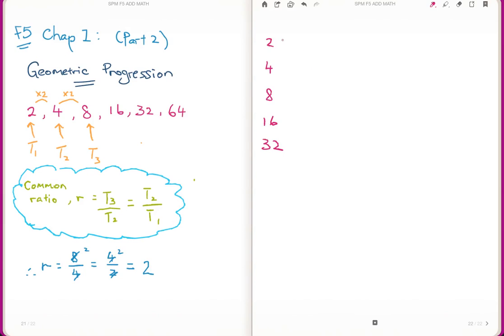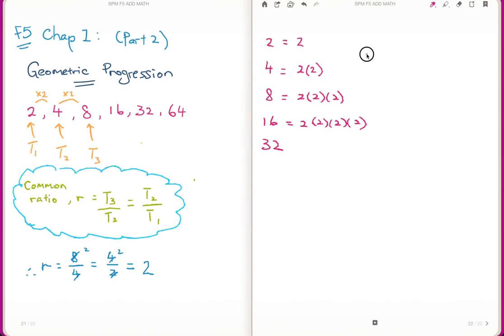The first number, you can't do much about it. The second number is 4, which is equal to 2 times 2. This one is 2 times 2 times 2. This one is 2 times 2 times 2 times 2.